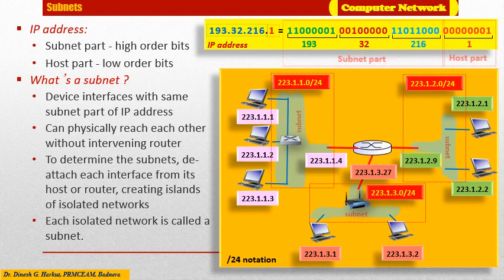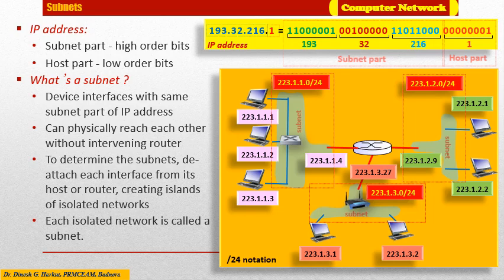The subnet 223.1.1.0/24 thus consists of three host interfaces, typically 223.1.1.1, 223.1.1.2, 223.1.1.3, and one router interface 223.1.1.4.